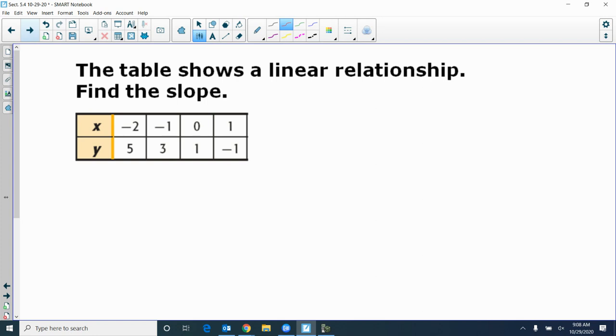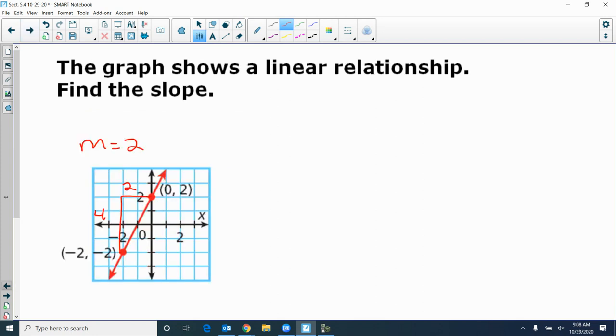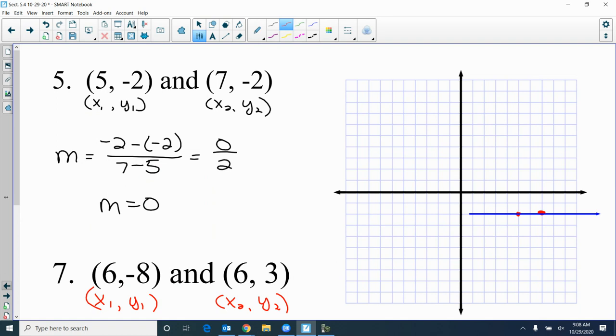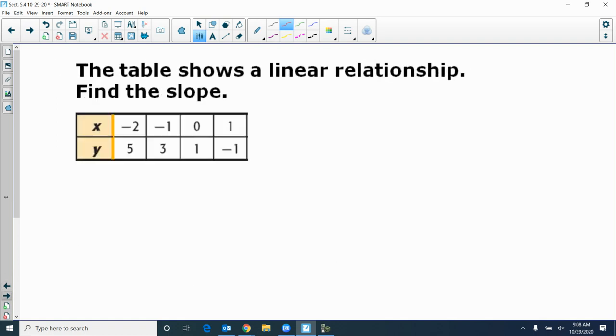Don't even need to do that. So now how did we find the slope for all of these? We were given what? 2 points. Doesn't matter which ones you use. Does it matter which ones you use? That's a good question. Since they tell us it's linear, I know it's a straight line. You can pick any 2 points and you'll get the same answer. So -2, 5 is 1 point and -1, 3.